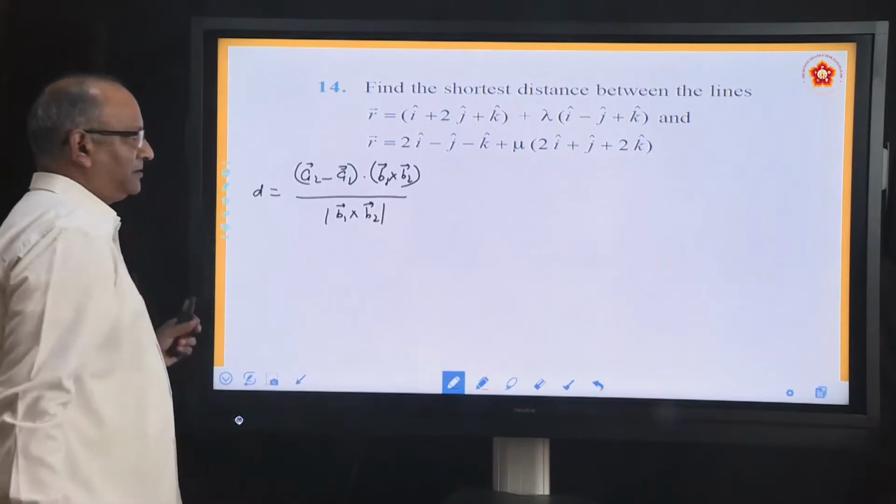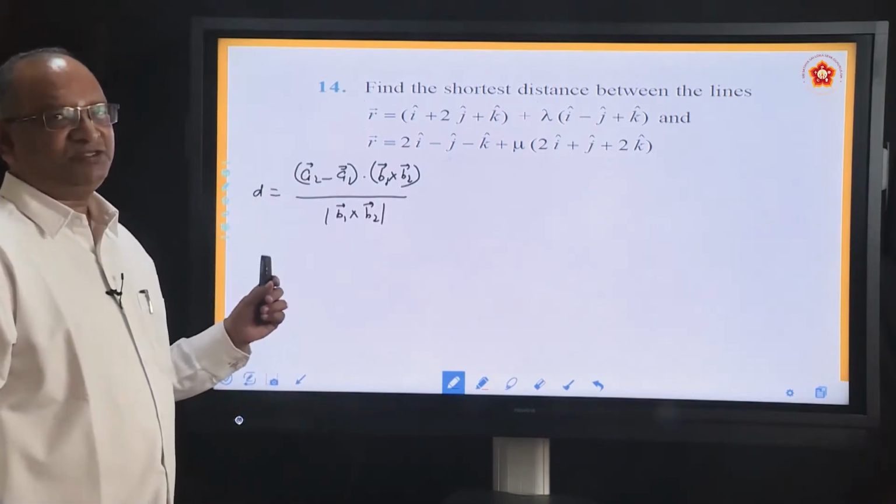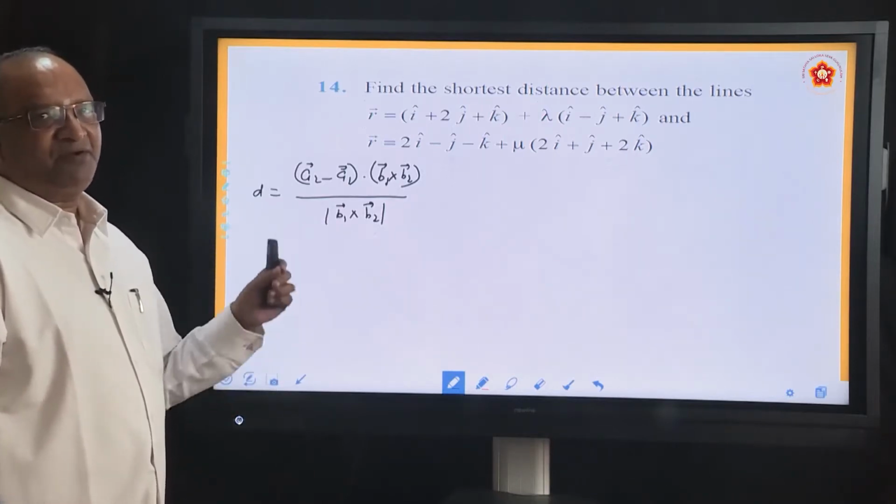This is the formula. In order to apply this formula, from the equations of lines, you need to identify what is A1, what is A2, what is B1, what is B2.